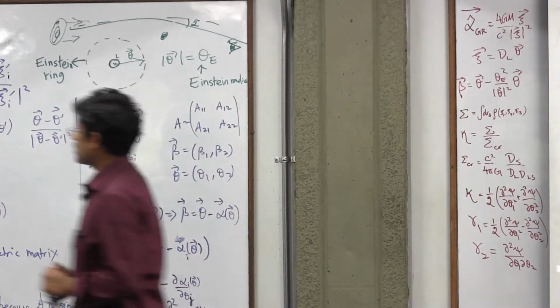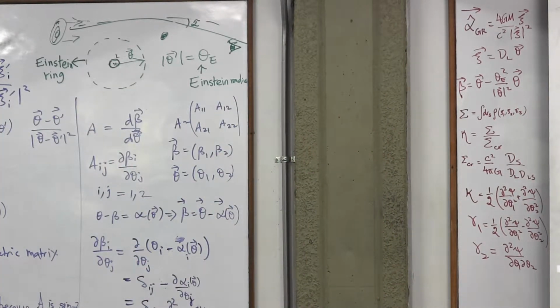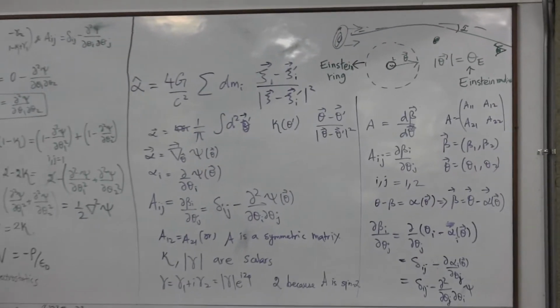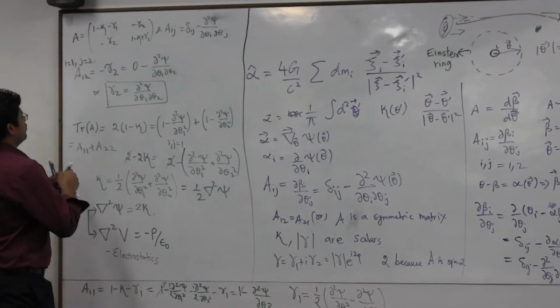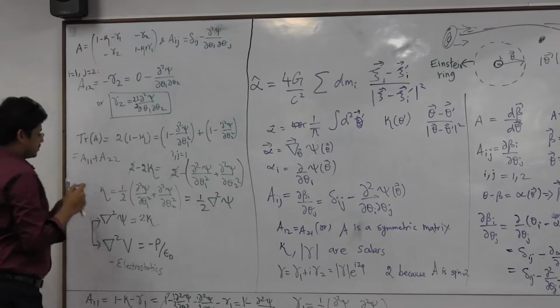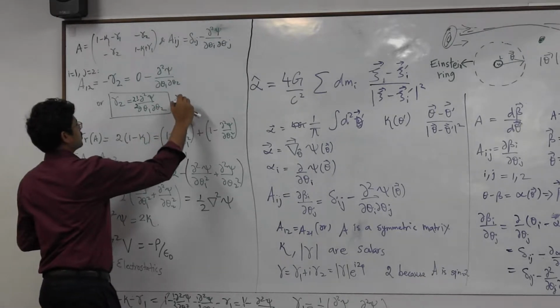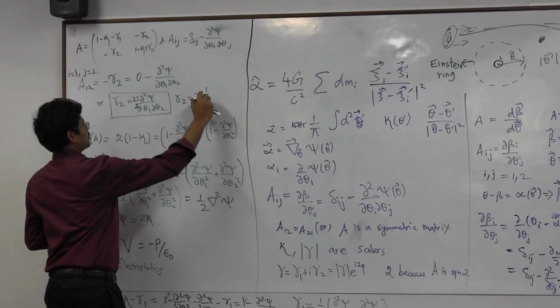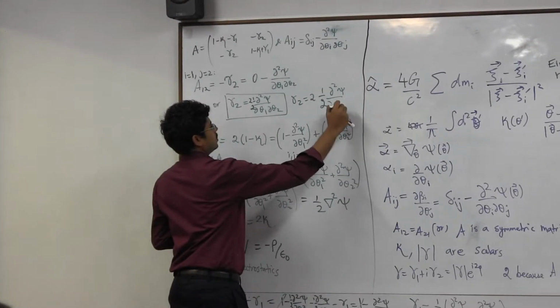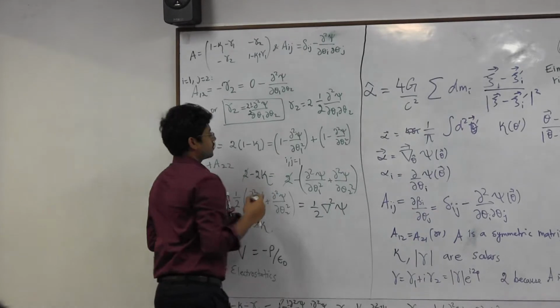Since kappa and gamma 1 have this prefactor of half in the front, let me also do the same to gamma 2 by multiplying and dividing by 2. So now they all look pretty much the same.